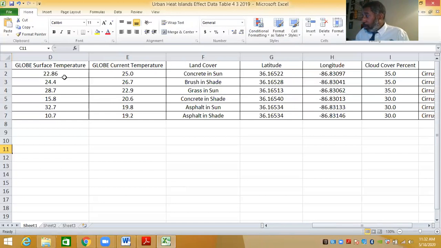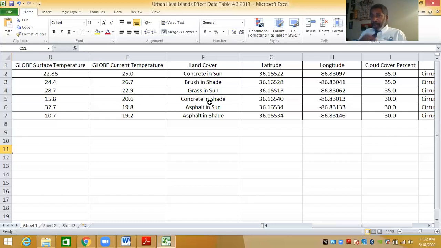And so what we would have done, if you look at the land cover field, we would have looked at, say, concrete in the sun, and then maybe someplace that has brush in the shade, grass in the sun, concrete in the shade, mixed up different surfaces with different levels of incoming solar radiation, just to see if there are differences in these surfaces.